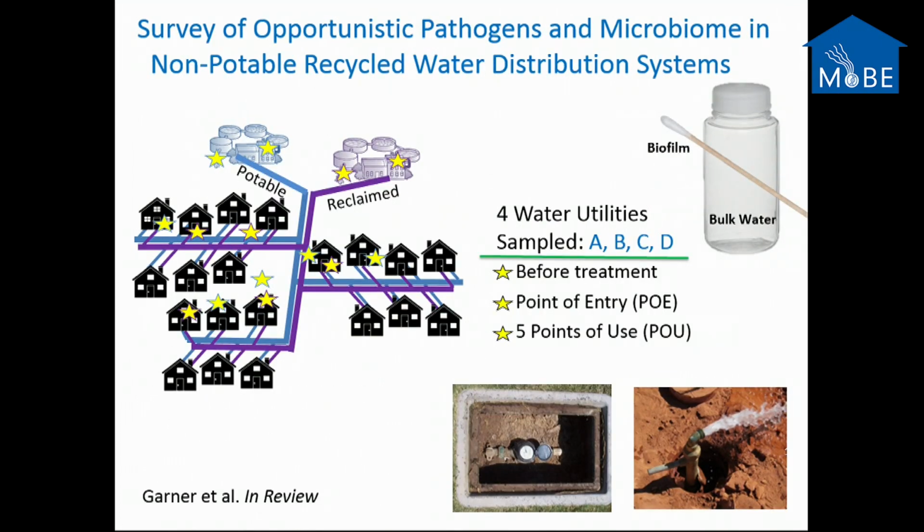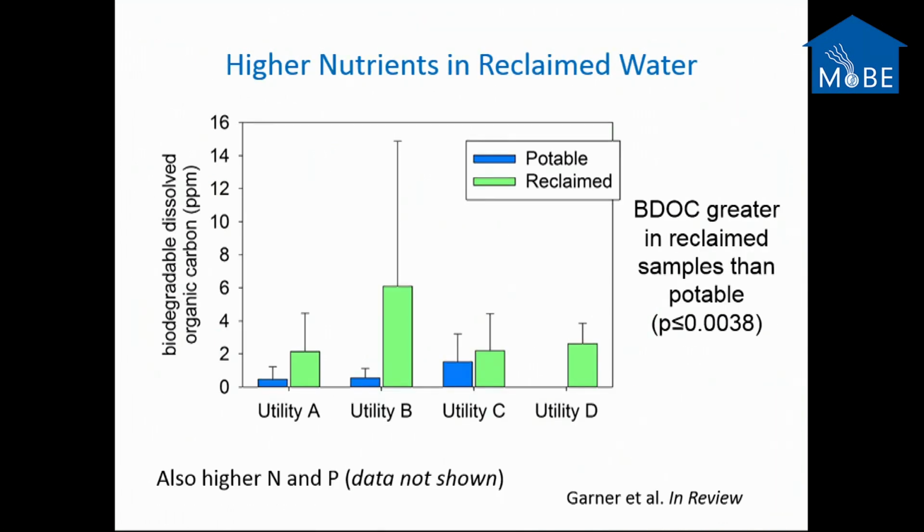And so we're just completing this survey where we went out in the field and sampled recycled water distribution systems in 4 communities, and then compared with the potable system as a baseline. We sampled the raw water before treatment, the freshly treated water at the point of entry to the distribution system, and 5 points of use.